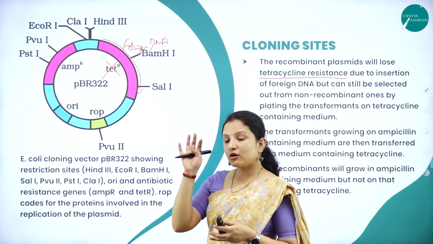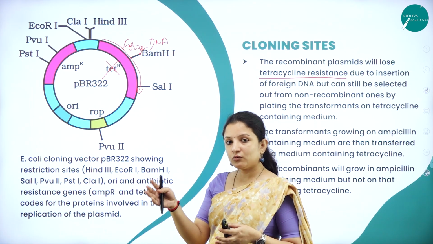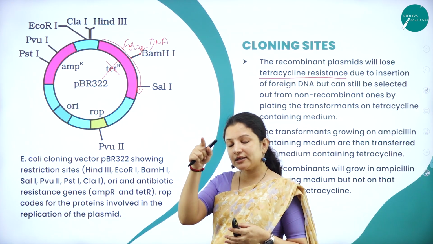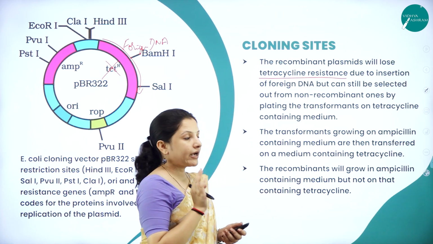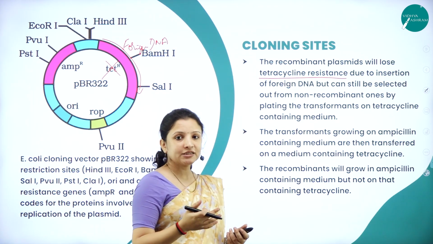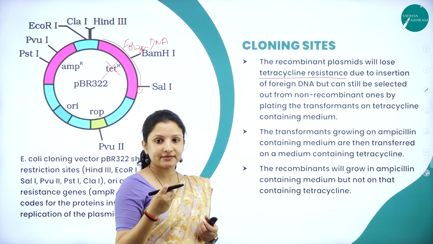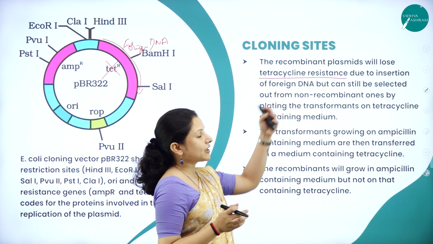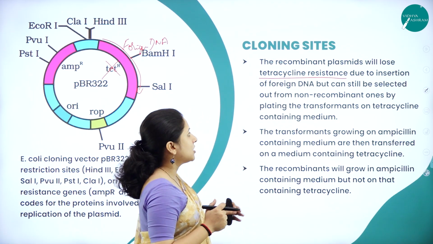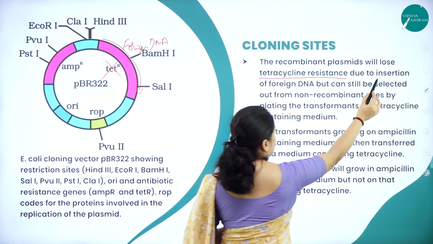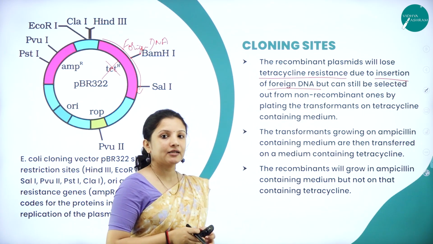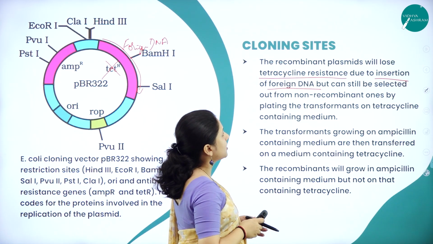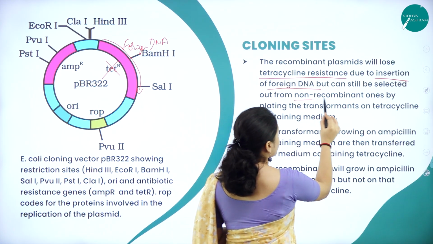No. Because one strand of the bacterial DNA was removed and in that place the foreign DNA was added. Therefore, the plasmid will now lose its resistance towards the tetracycline antibiotic because of the insertion of foreign DNA. But even then it can still be selected out from the non-recombinant ones.